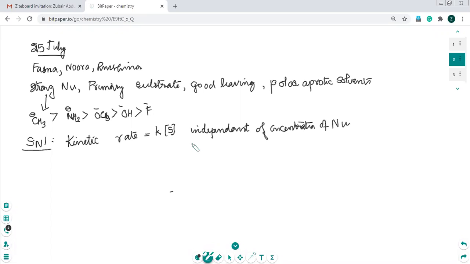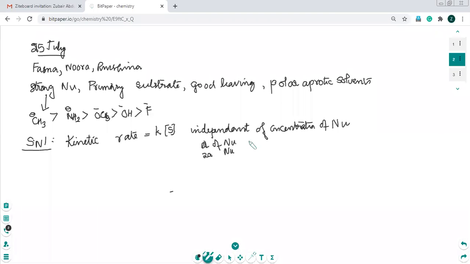You do two experiments. Say, for example, you do a reaction at a concentration A of nucleophile, and at a concentration B of nucleophile, double of A. You have changed the concentration of the nucleophile and did this experiment.